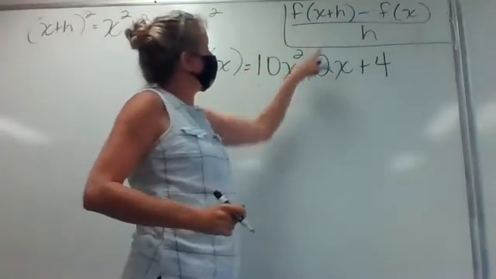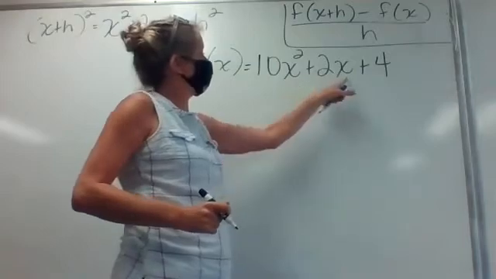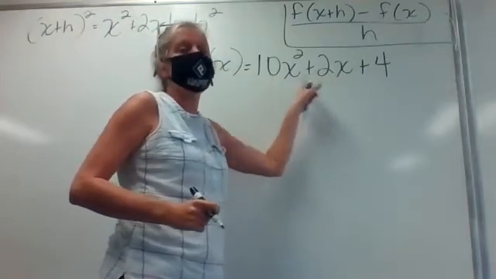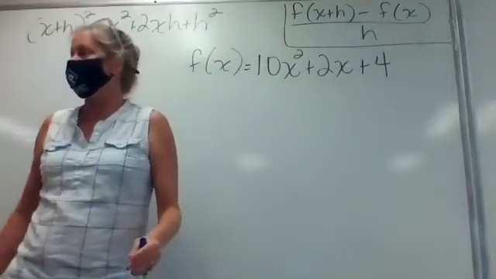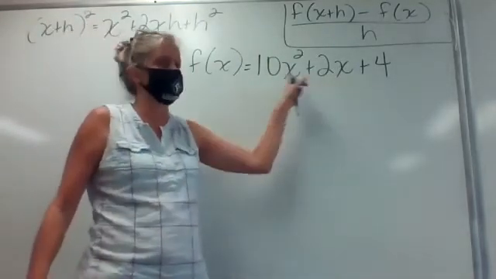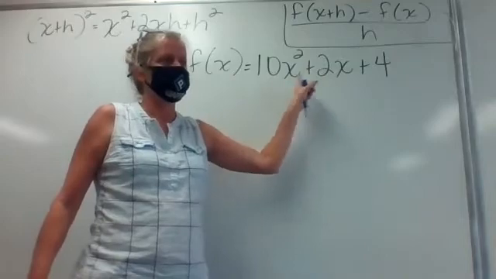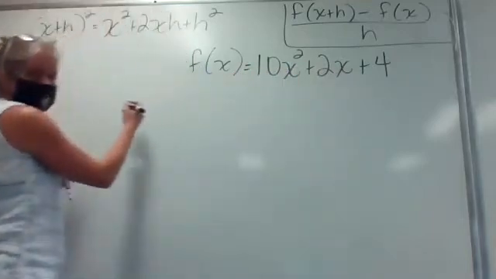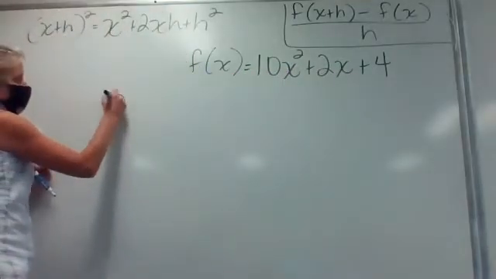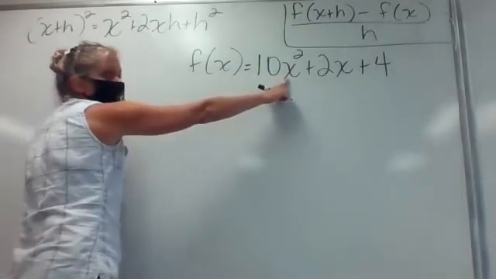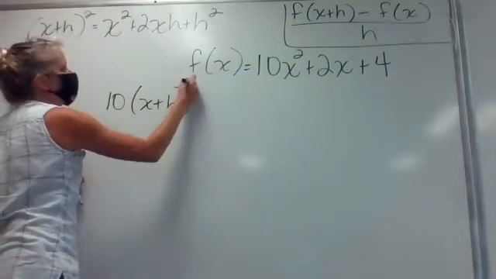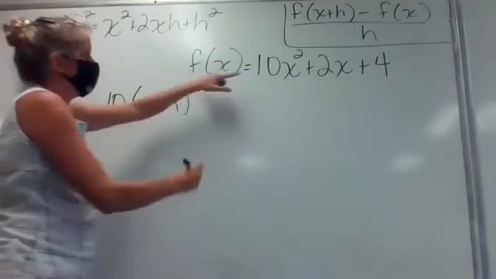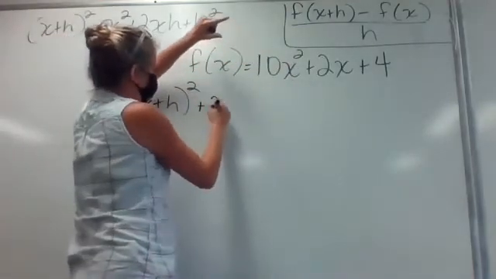So this time, remember the first step is to rewrite your function. Everywhere you see an x, you're going to plug in x plus h. So there's 2 places this time. I'm going to start off with 10. Instead of x squared, I'll have x plus h squared plus 2.